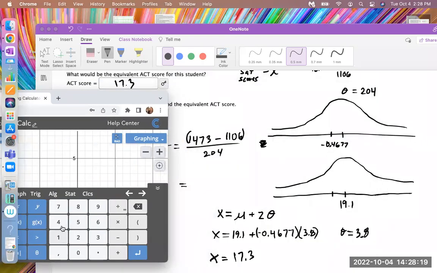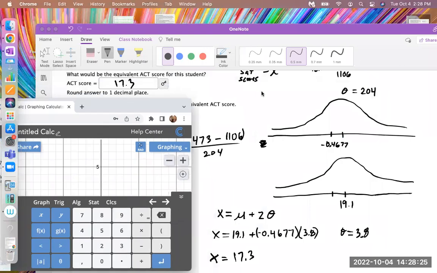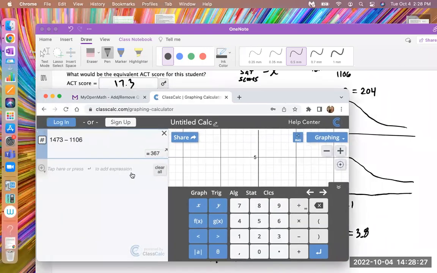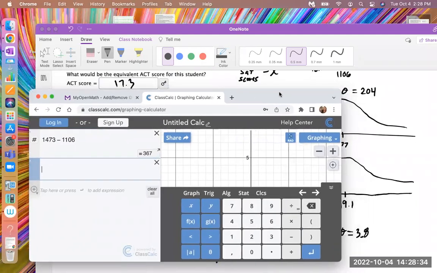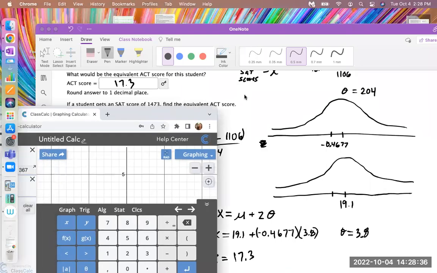So 1473 minus 1106, and I'm going to press enter, and then I'm going to take that number, 367, that I got and then divide by 204.